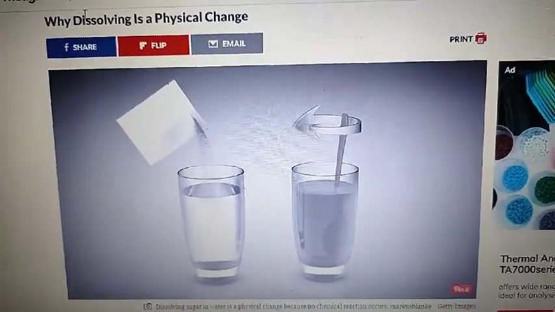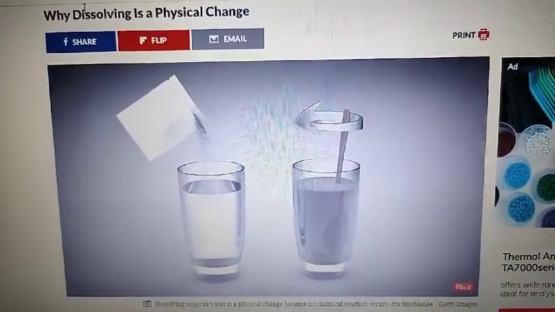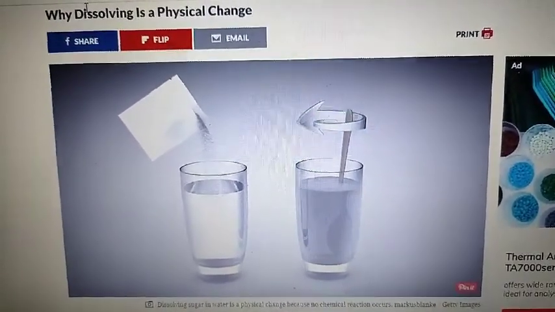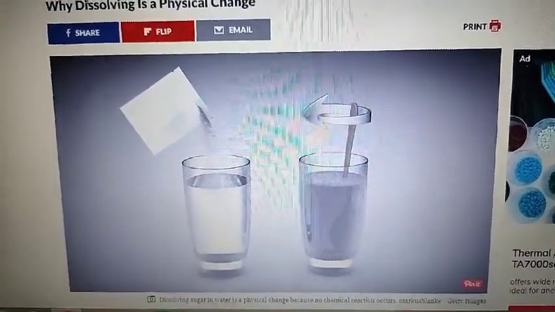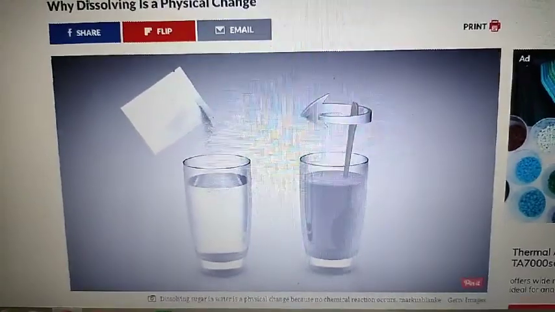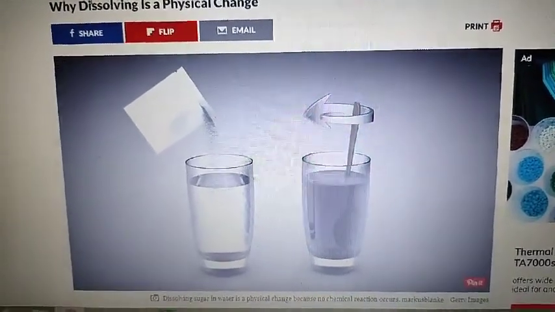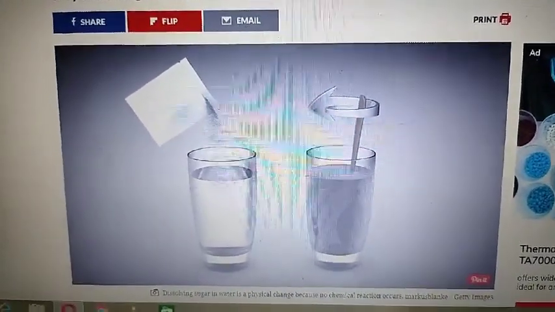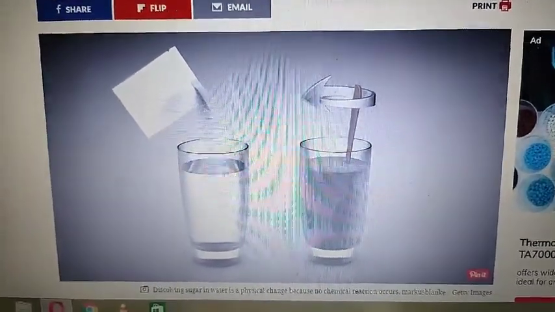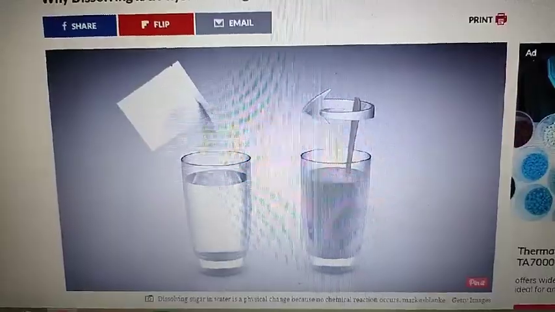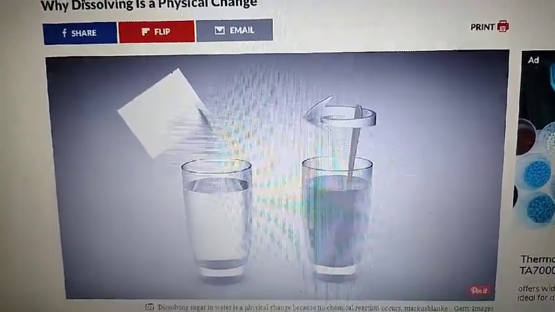See what is written in your book: solution of sugar when concentrated by heating and cooled gives back the crystals of sugar, right? Suppose you prepare a solution of sugar and supply heat to it, then whenever it cools, it gives back the crystals of sugar.